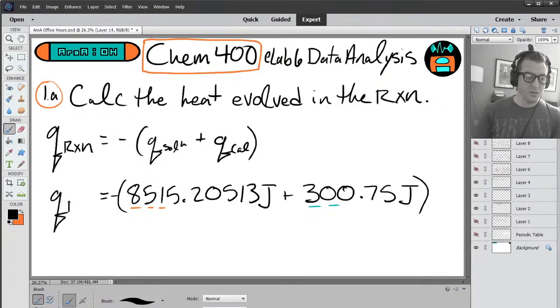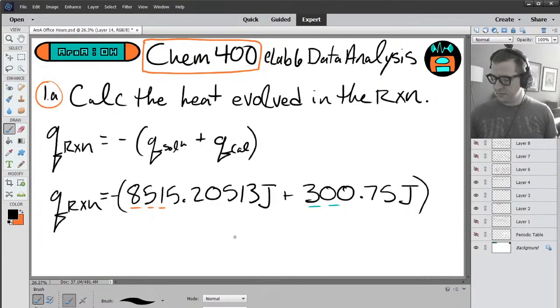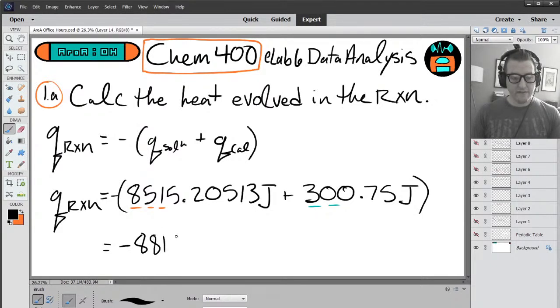So Q for our reaction equals the sum of these two, which is negative 8,815.95513.